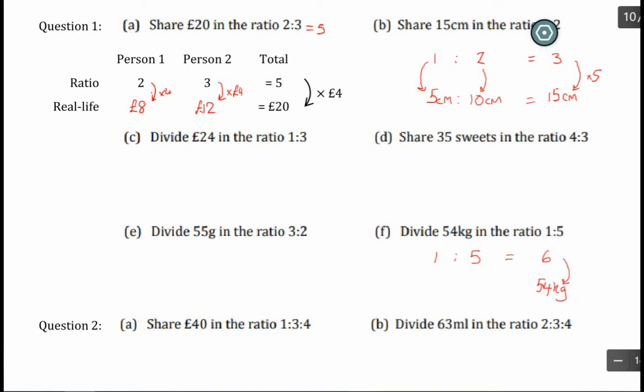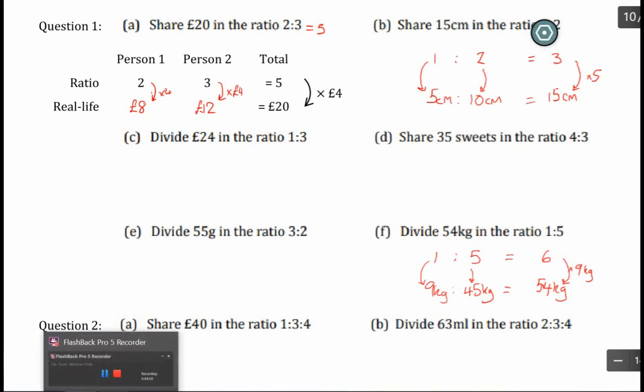So what's 54 divided by 6? That would be 9. Each part is 9 kilograms. So this person would get 9 kilograms, and this person would get 45 kilograms. And you can see that that adds up to 54. I'll do the rest and you can mark your work.